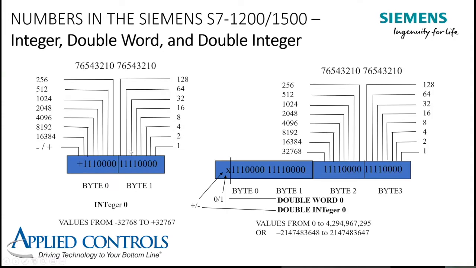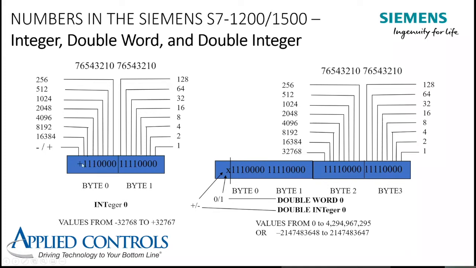Next step up from that is an integer. An integer is essentially the same size as a word. However, the last bit, the most significant bit of this integer, is not a numerical value, it holds the sign. So because there is a signed value for an integer, you can't have 0 to 65,535 like you would have with a word.